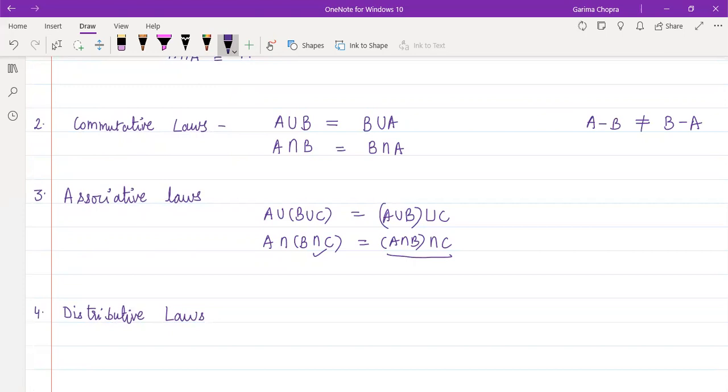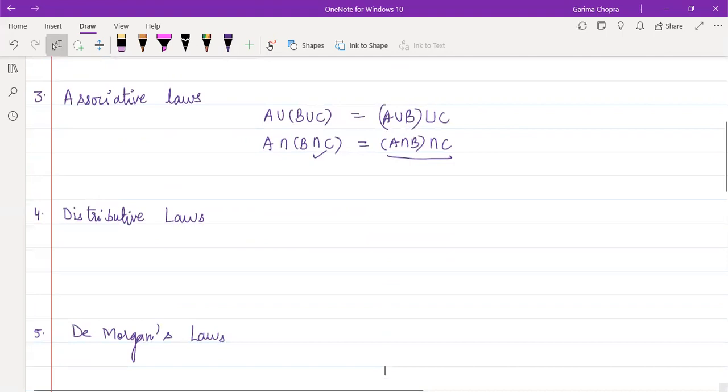In the right hand side, we first evaluate the intersection of A and B, and then find its intersection with the set C. So here the order doesn't matter. In both of these ways, from the left hand side and the right hand side, we will get the same sets.